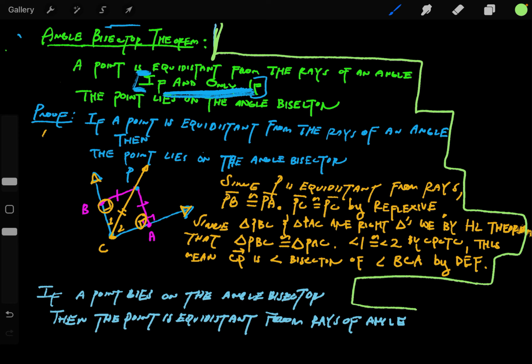Okay, so in this case, I got something that looks like this. And I know that this is the angle bisector in this situation, and this is some point on the angle bisector. So let's call that point P.